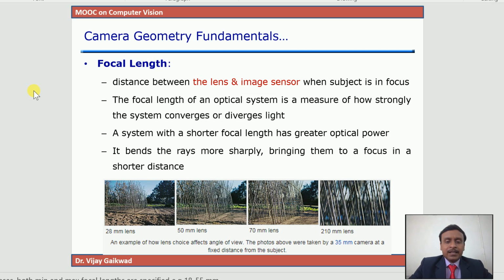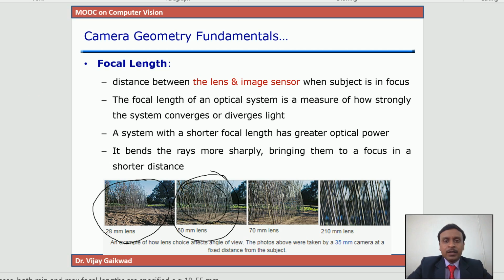On this slide, in the bottom picture, you will find a picture which is recorded from a 28 mm lens. 28 mm is the focal length, so it's the distance between the lens and the image sensor. While if I increase the distance between lens and image sensor, I get this picture and I can see the object more clearly.